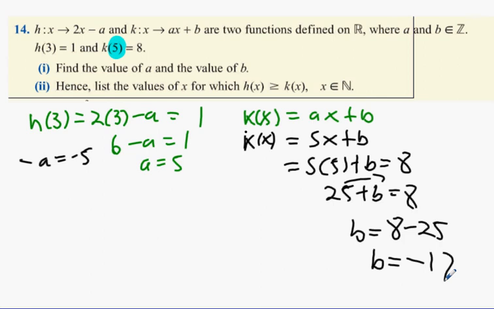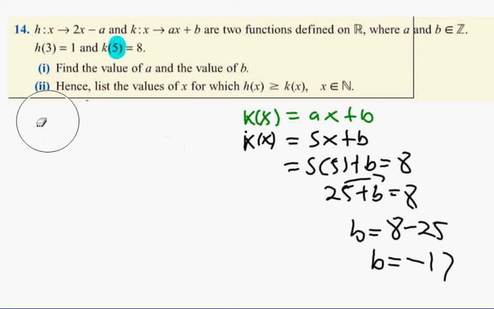Now, hence, list the values of x for which h(x) is bigger than k(x). When is h(x) bigger than k(x)? Okay, what is h(x) again? Somebody call it out for me. Okay, h(x) is 2x minus 5 because a is 5.